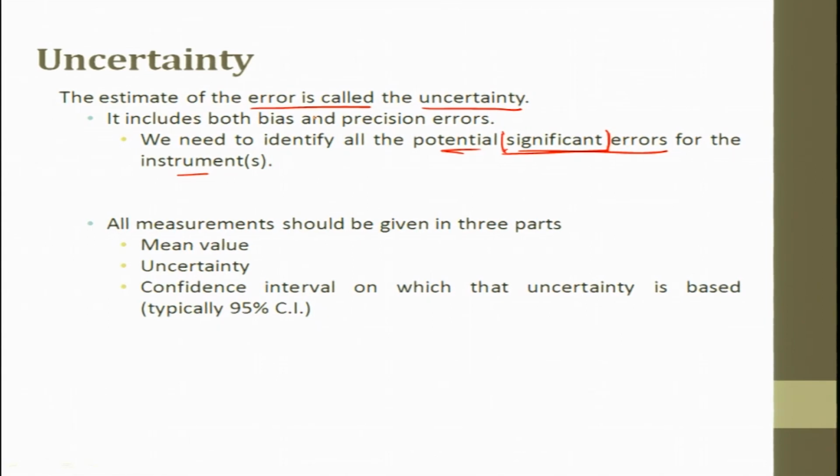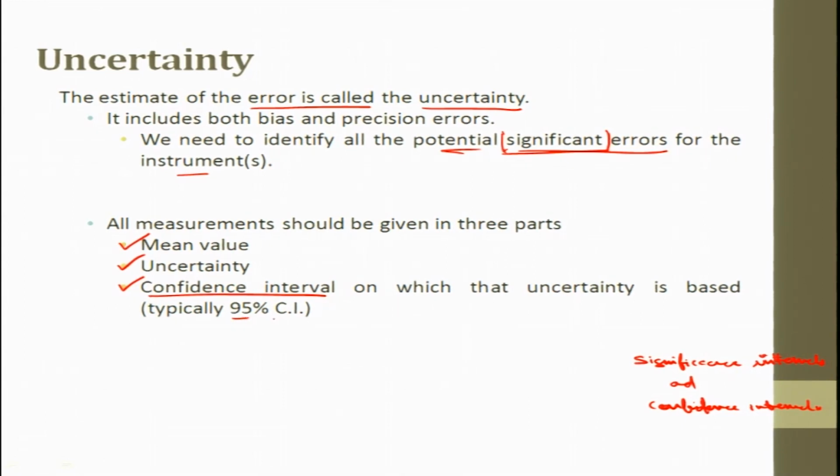All the measurements should be given in three parts. Number 1, mean value. Number 2, uncertainty. Number 3, the confidence interval on which this uncertainty is based. We will discuss significance and confidence intervals. In statistics there are certain assumptions.